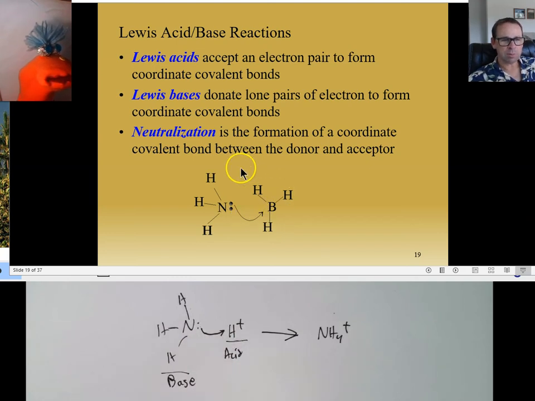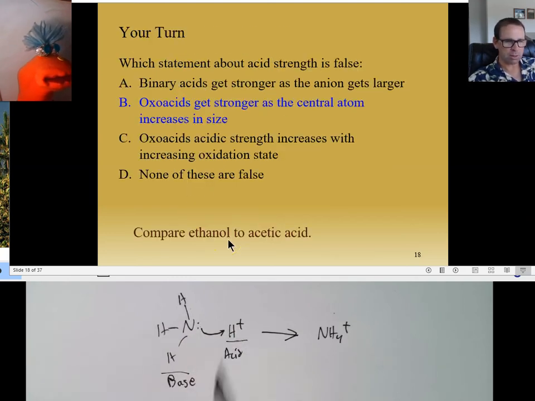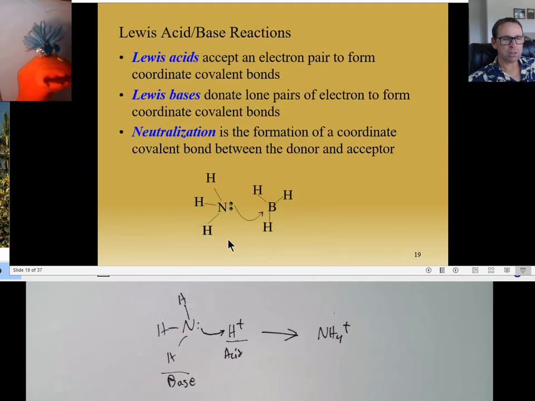We can use this as our example, and then look at a different Lewis acid-base reaction and see the pattern. In a Lewis acid-base reaction, there's a little couplet that we remember. A Lewis acid accepts the share in an electron pair. You see that here. The electrons are reaching out and grabbing on to the acid.